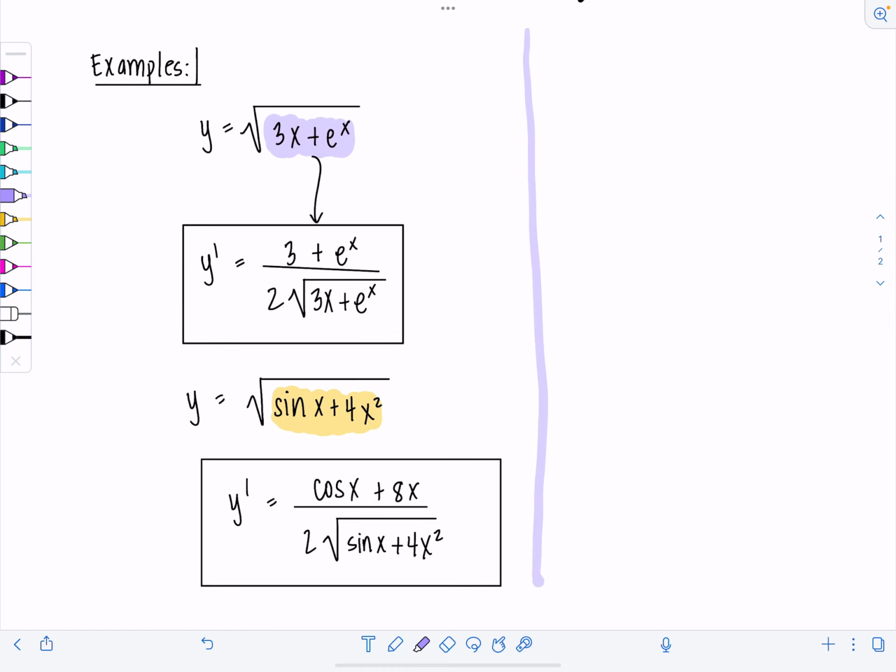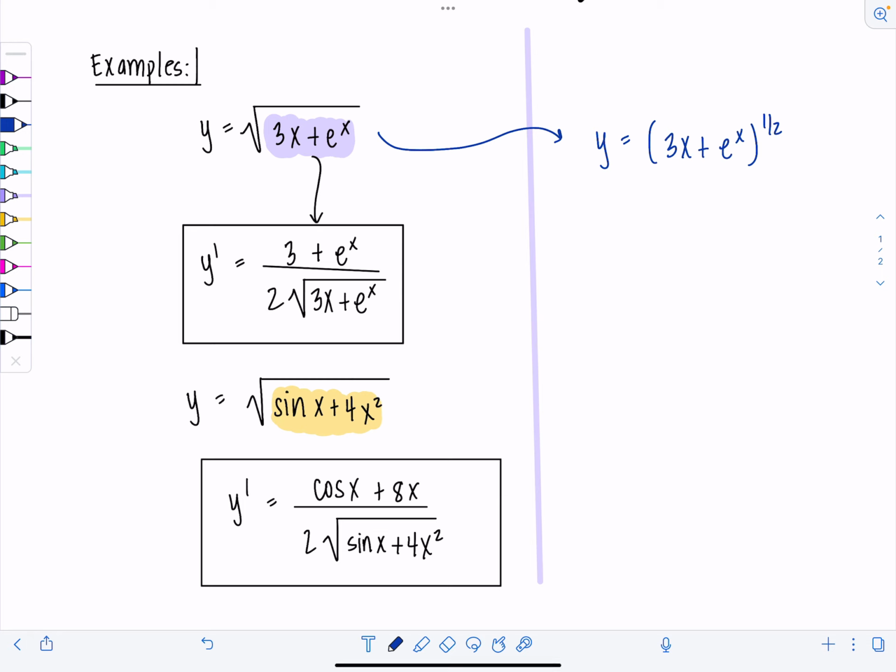If you were to do this the longer way, we would have to bust out the chain rule and use our power rule for differentiation. So I would rewrite my original function y as 3x plus e to the x to the 1/2 power.